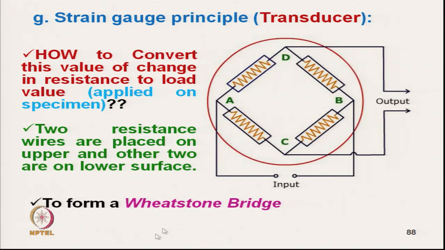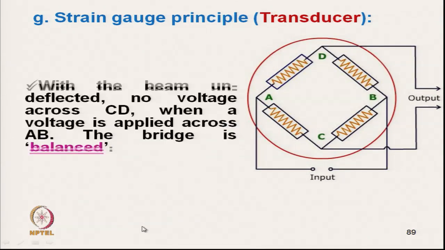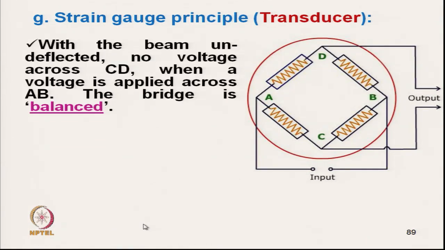Now, in the normal case, when things are balanced, there is no load with the beam undeflected, so there is no voltage across CD. When a voltage is applied across AB, as input voltage, there is no voltage at the output because it is balanced.